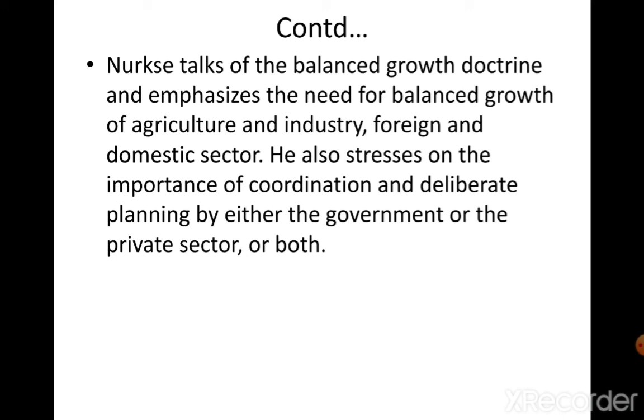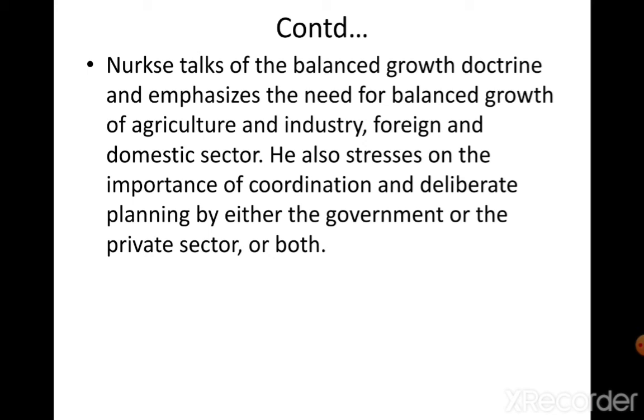So there is a two-way relationship between the agricultural and industrial sector, and therefore the growth of both these sectors should take place in a balanced manner rather than at the cost of one another.